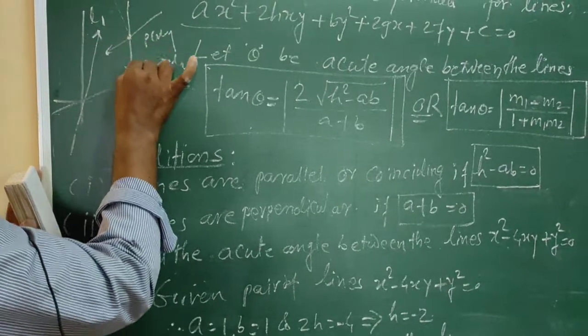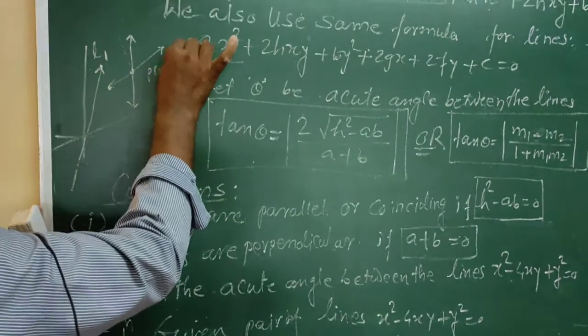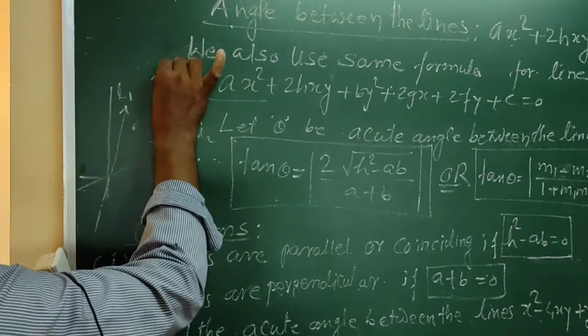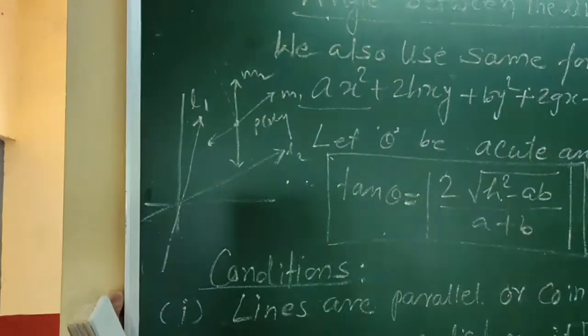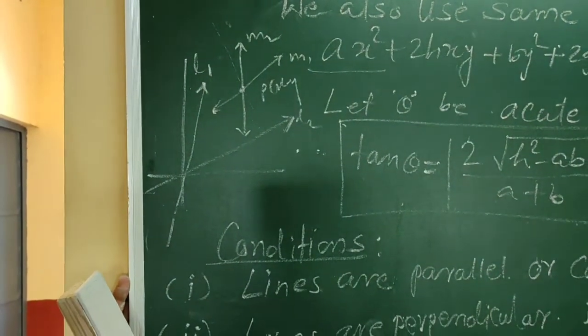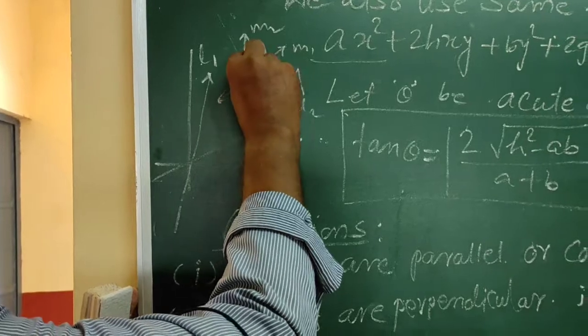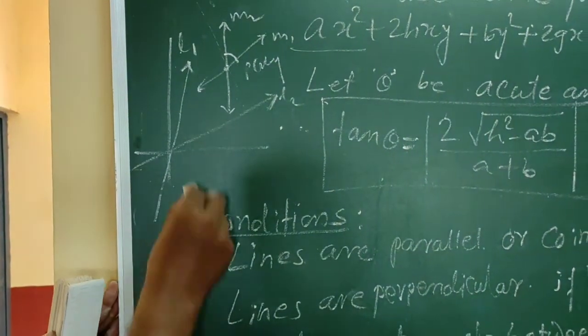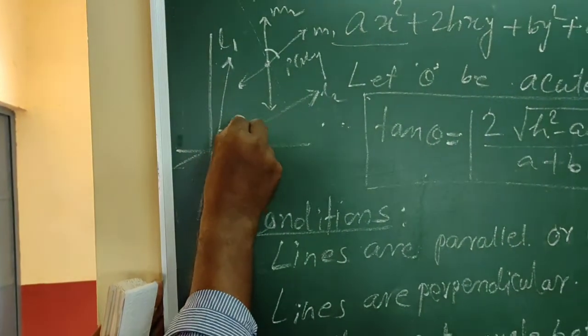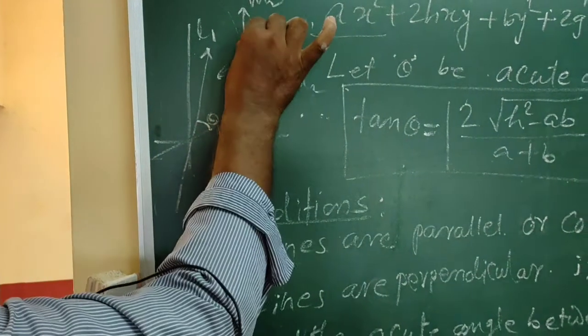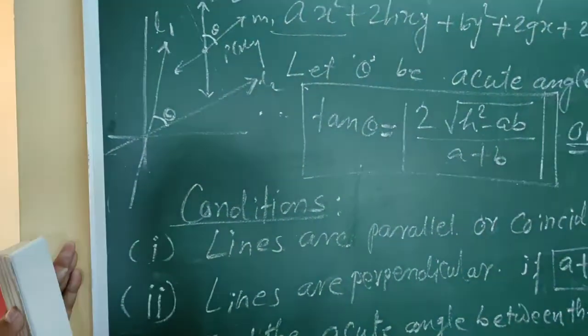So these are the lines, suppose M1 and M2. So they pass through any point, but if you consider the angle between them, that is theta, it is called the acute angle between the lines.